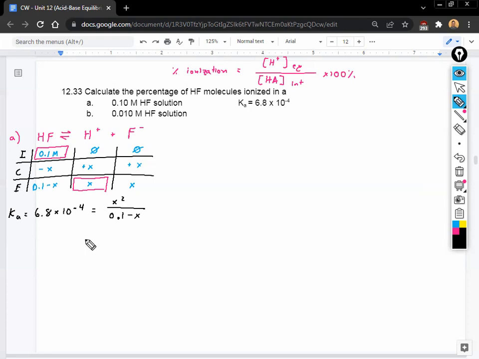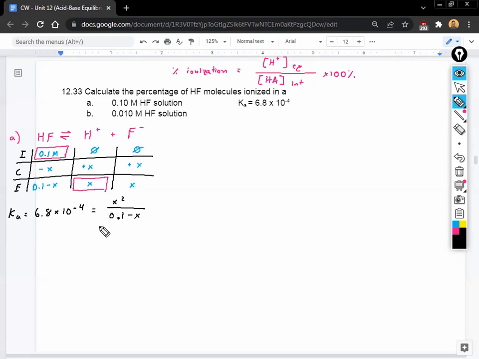No, so that's what I was going to get to. You're going to have to do the quadratic formula for this weak acid. So HF is kind of weird because it's a weak acid, but it's one of the stronger ones. But for part A, I'll give you the answer for X. But when you do part B on your own, I'll have you do the quadratic formula. Okay, so yeah, good catch on that. Since Ka is 10 to the negative 4, you can't assume the 5% rule.